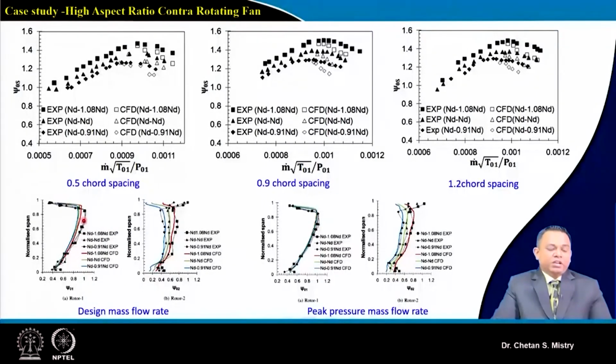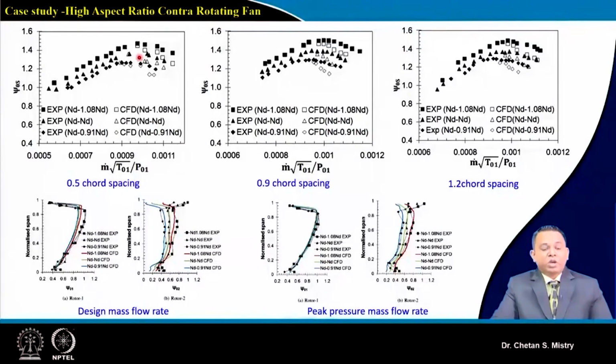So here this black color is representing our experimental results, and this is representing our CFD results. If you observe carefully, for rotor 1, at the design mass flow configuration, it is not giving a good agreement between experiments and computational work. But for rotor 2, it is matching well.